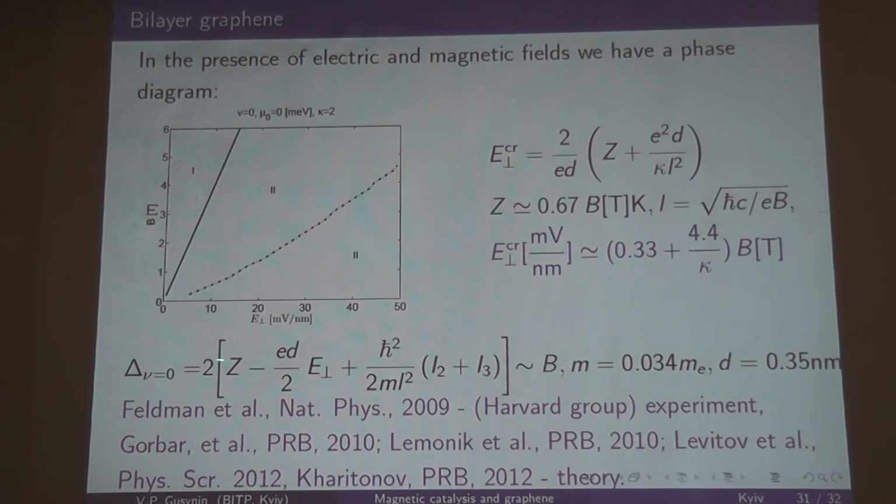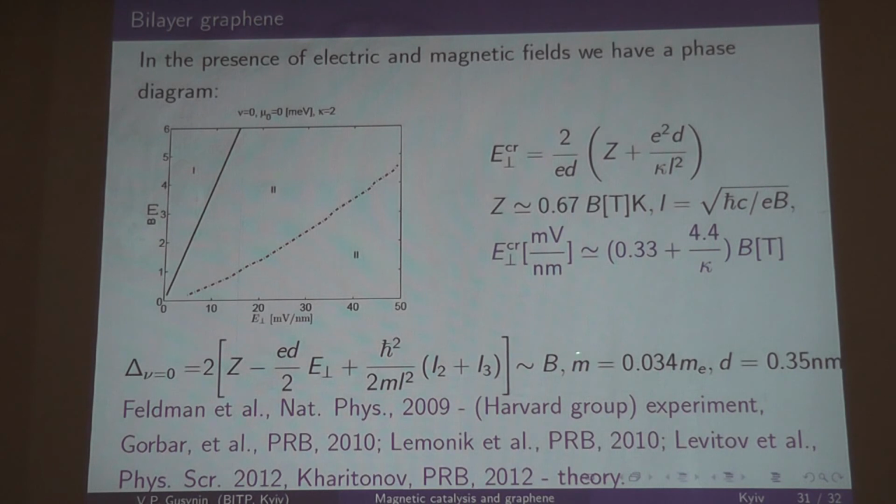Here I write down the expression for gaps, how it depends on magnetic field. Actually, it depends linearly. This critical line, this black line, separates two phases in electric field and magnetic field.